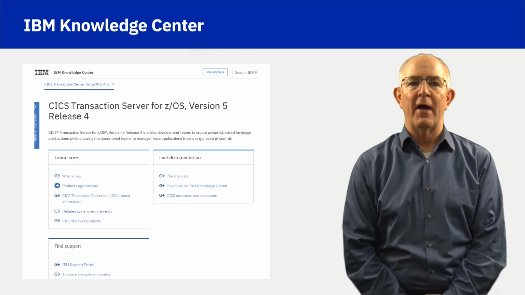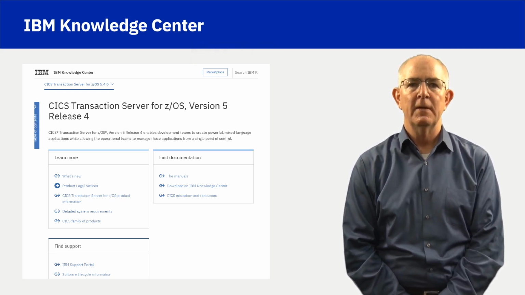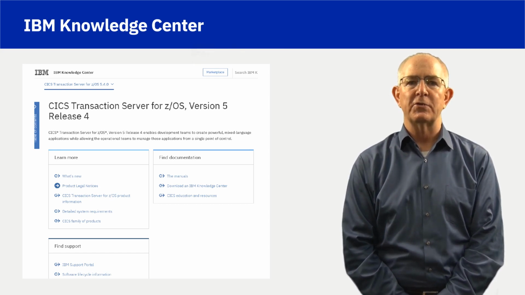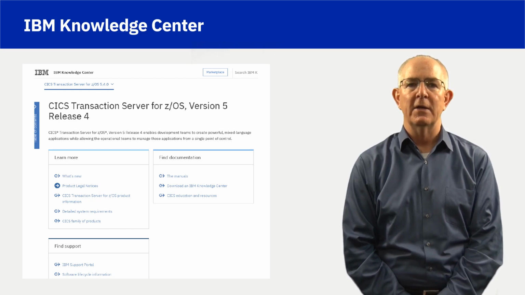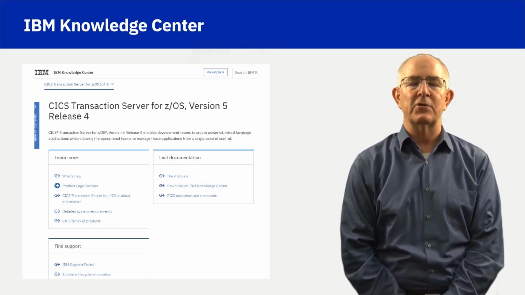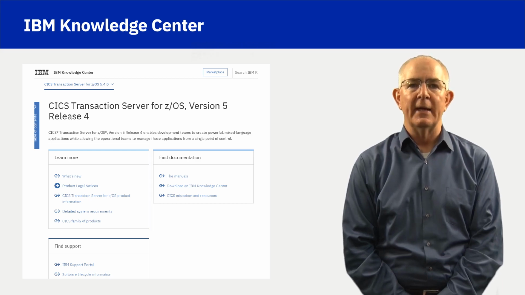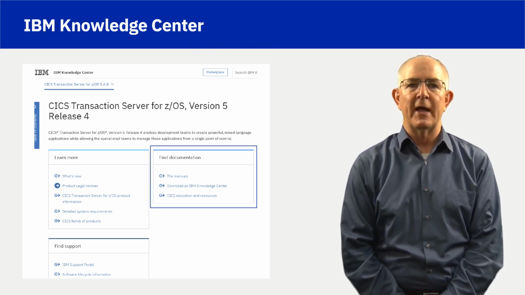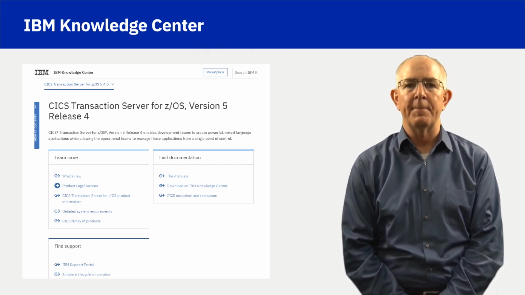CICS Transaction Server happens to be an optional component of zOS. The Knowledge Center search for CICS Transaction Server included a web URL link to the latest version and release level.